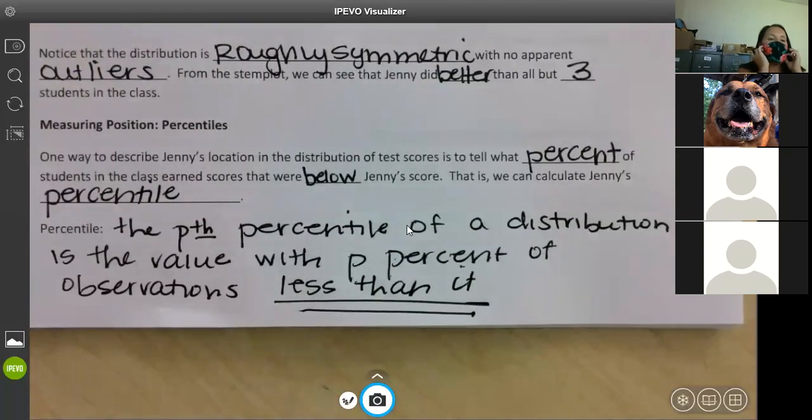So if you were in the 99th percentile, 99% of people scored lower than you. So you were in the top percentile.